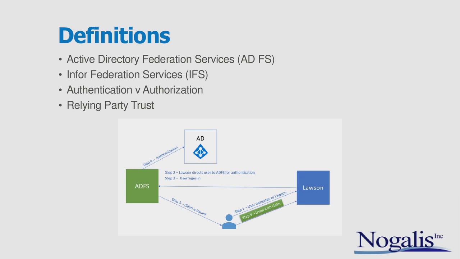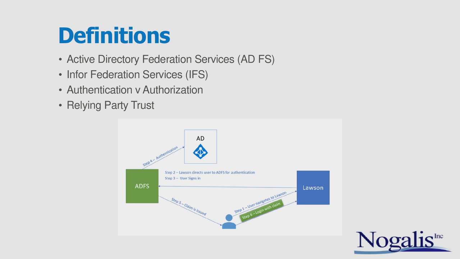Active Directory Federation Services is a Windows tool that's provided on Windows Server that allows third-party applications to authenticate directly against Active Directory. So it's really a good and secure way to provide authentication for your third-party web applications.